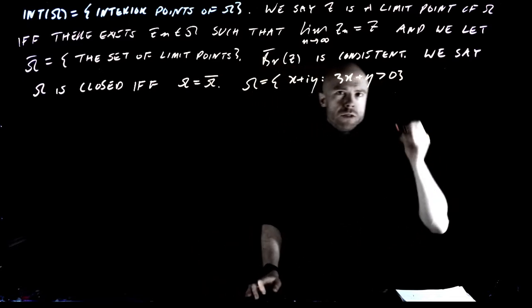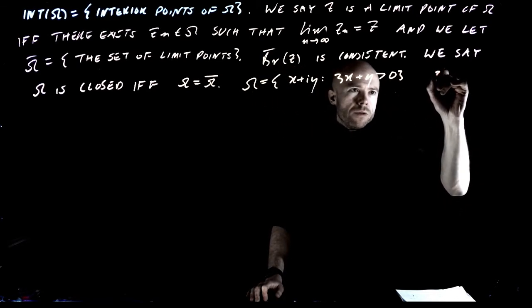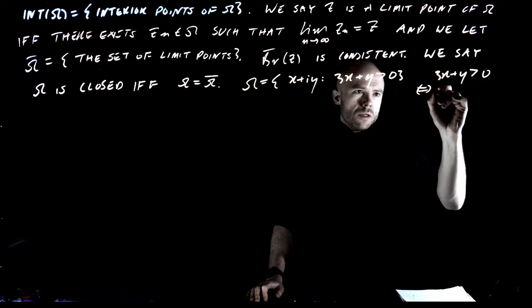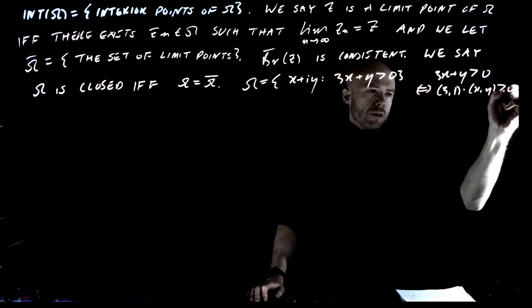Okay, so let's visualize this. This condition that 3x plus y is bigger than 0 is equivalent to (3,1) dot product (x,y) is bigger than 0.